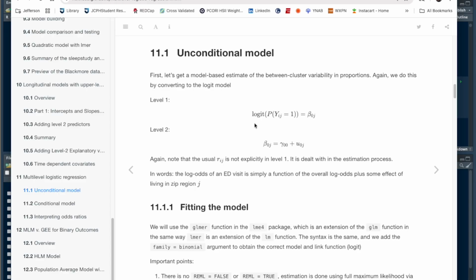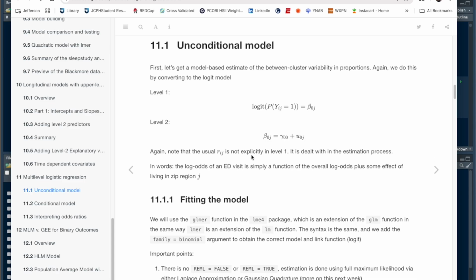Sometimes, and this is very true in these types of models, there is not a huge level of variation in the logits, mainly because logits aren't constrained, but probabilities are. And if the outcome's very rare, then it might be that there's a few clusters with a small probability and everything else is 0. Essentially you're going to have a model with very little level 2 variation. I chose this variable on purpose because it has a little bit more.